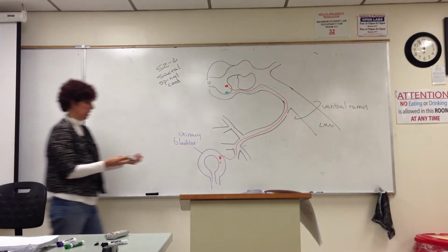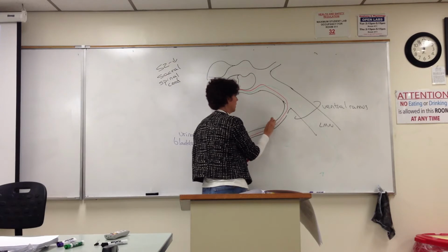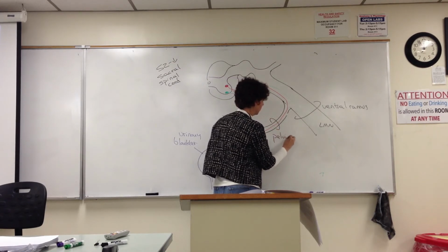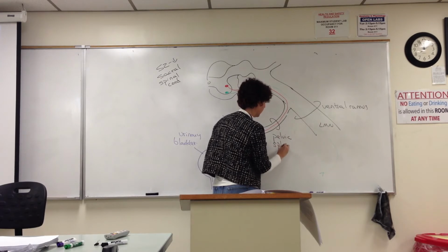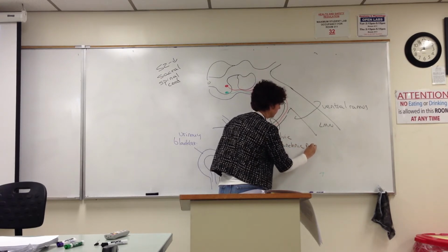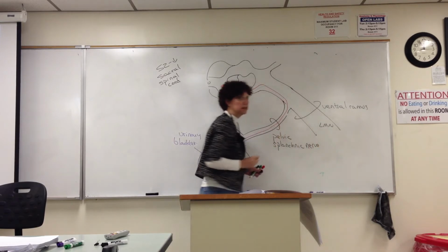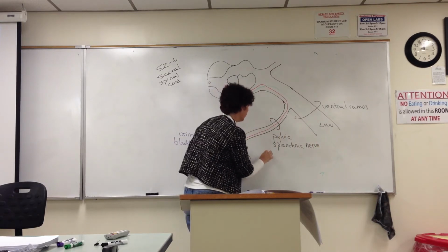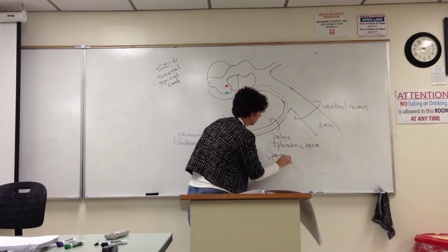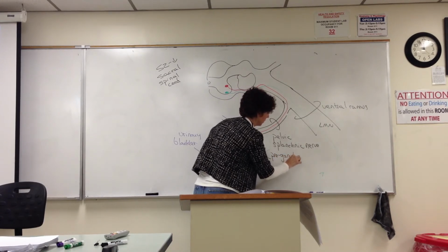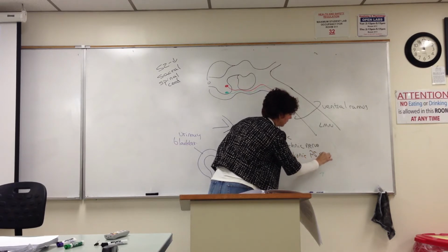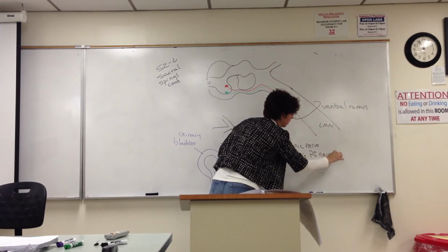So this is known as a pelvic splanchnic nerve. It contains preganglionic parasympathetic neurons.